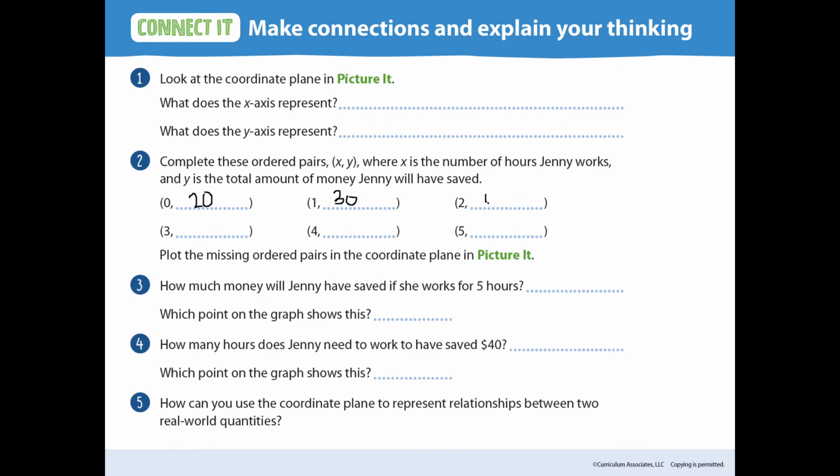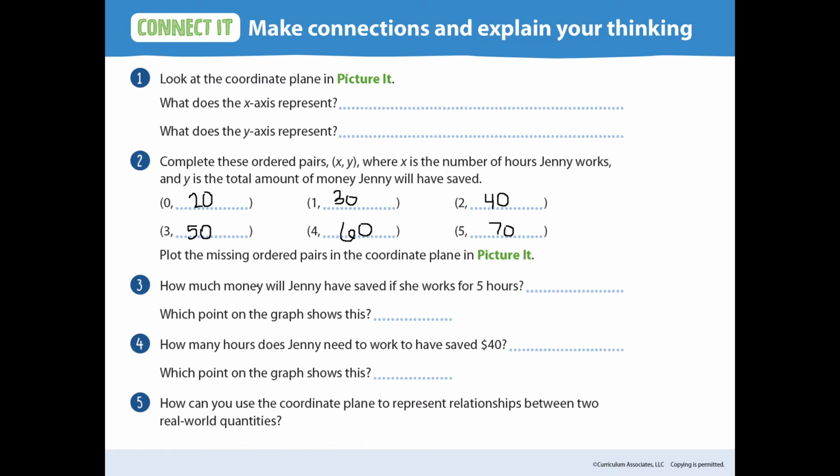After 2 hours, she'll have 40. 3 hours, she'll have 50. After 4 hours, she has 60. And after 5 hours, she has 70. So here's our ordered pairs. Plot the missing ordered pairs in the coordinate plane and picture it. I'll let you go back and do that, and then press play again to continue on to number 3.